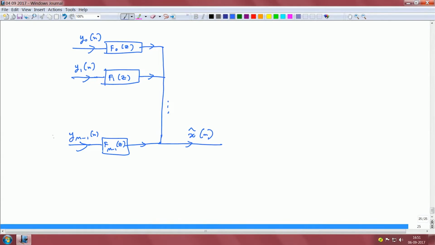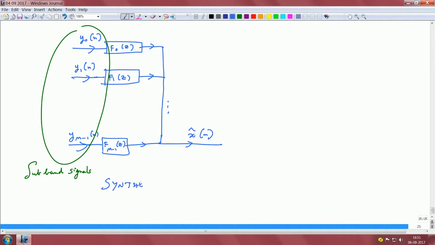I mean, you can think about this as basically your sub band signals, and these sub band signals are filtered through a bank of synthesis filters, which is termed as synthesis bank, and then you basically sum the output of all the signals coming out of the synthesis filters, and hopefully you get your reconstructed signal.